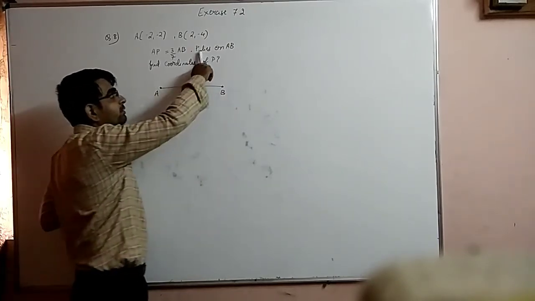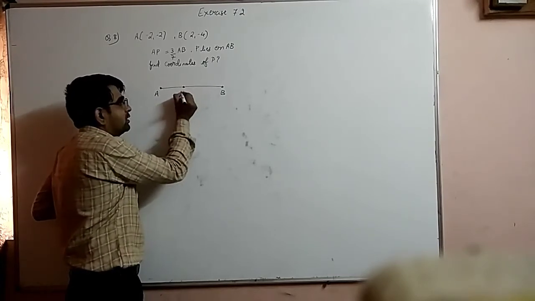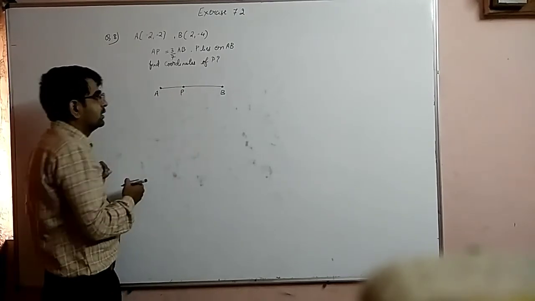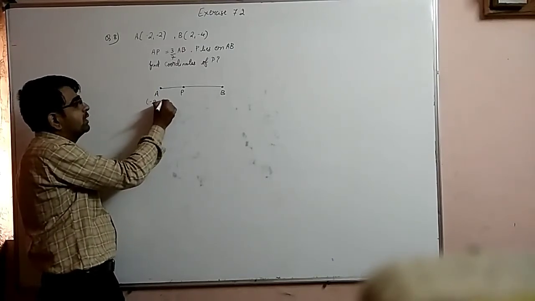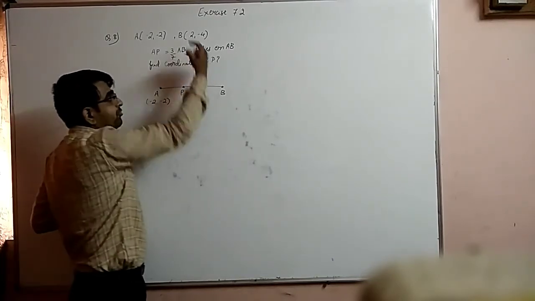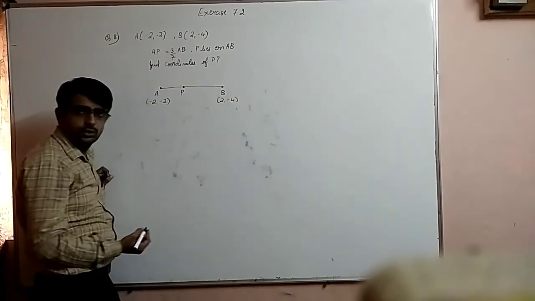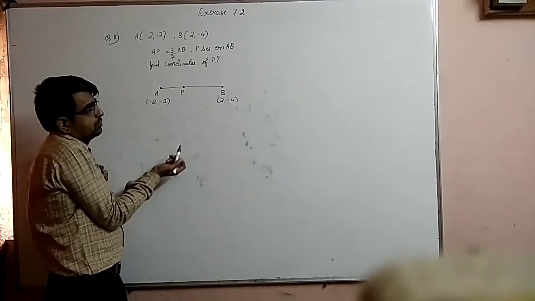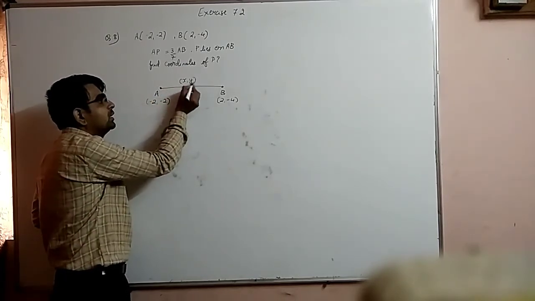We are clearly given that P lies on AB. So P is somewhere here. Coordinates of A are (-2, -2). Coordinates of B are (2, -4). Now coordinates of P are unknown, that will be (x, y).